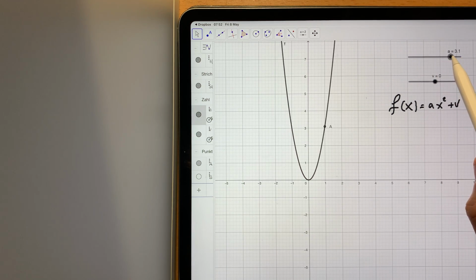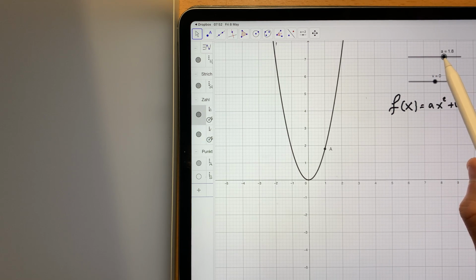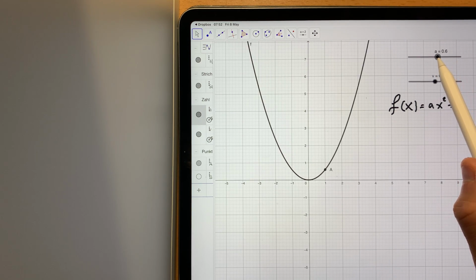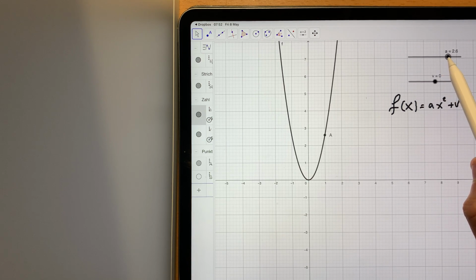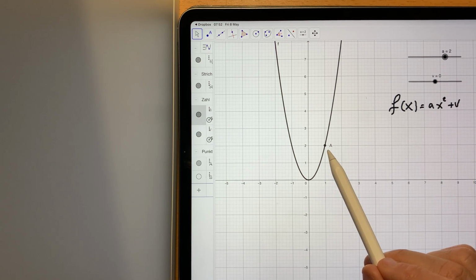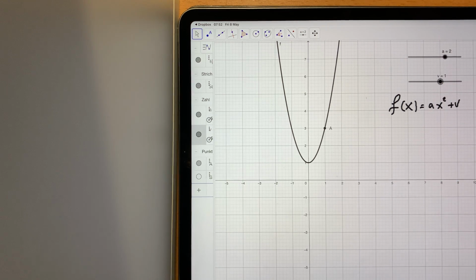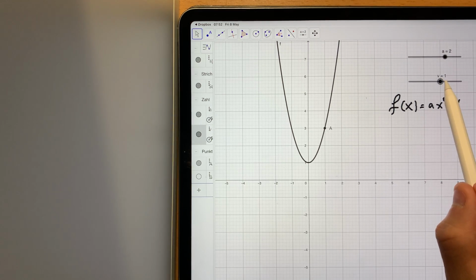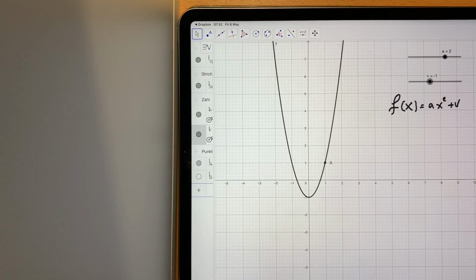Look, it will be stretched vertically as I move along, or it will be a vertical shrink if it's between 0 and 1. So we can combine the two. We only looked at plus minus 1, but I could say, for example, let's go to 2. A is now 2, so it's a vertical stretch. And what happens if I add v? Well, obviously, it will be shifted upwards, or it will be shifted downwards, here, like this.